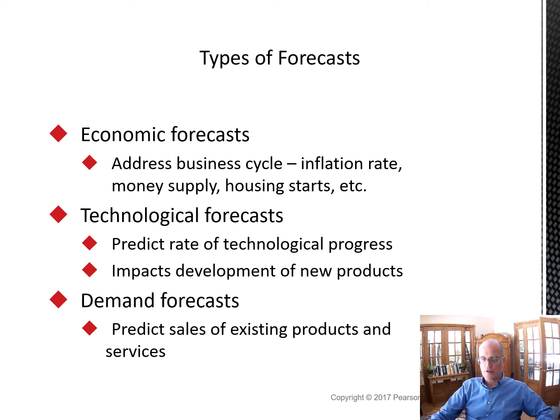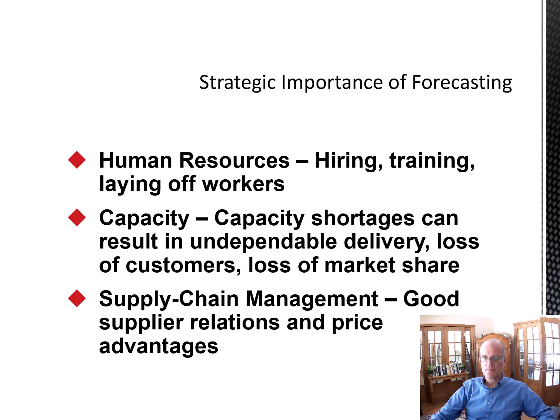And then demand forecasts predict sales of existing products and new products or services. I think I've already talked about this, so I'm not going to spend a lot of time on this. Strategic importance of forecasting: hiring, training, scheduling, laying off workers. Capacity shortages can result in undependable delivery, loss of customers, loss of market share. Capacity excess can also cost you a lot of money.